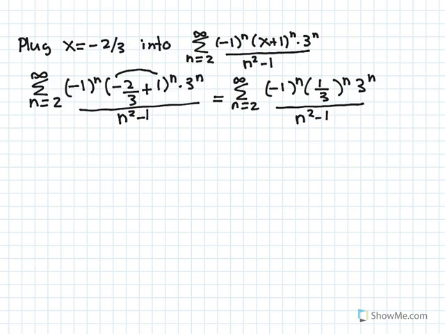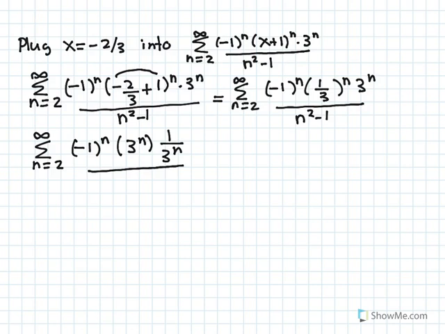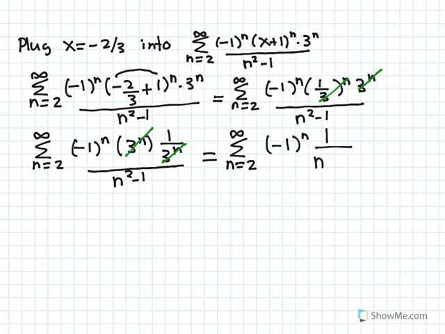So we get summation n equals 2 to infinity of negative 1 to the power of n times 3 to the n times 1 over 3 to the n divided by n squared minus 1. So essentially this 3 to the n is canceling with this 3 to the n. So here's a simplification: 3 to the n cancels with 3 to the n, and we get summation n equals 2 to infinity of negative 1 to the power of n times 1 over n squared minus 1.